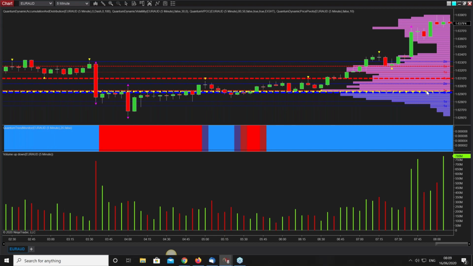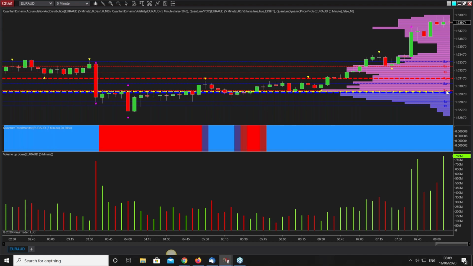This is the equivalent to support and resistance on NinjaTrader, slightly different from that on MT4 and MT5. On MT4 and MT5, you get the dash line and you get the solid line, which indicates a stronger area. And of course, those can then develop into clusters. What the accumulation distribution indicator does is it presents these lines in varying thicknesses. And the reason it does that is because it's telling you instantly which ones are stronger and which are weaker.